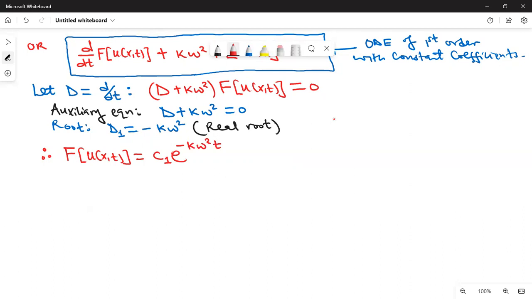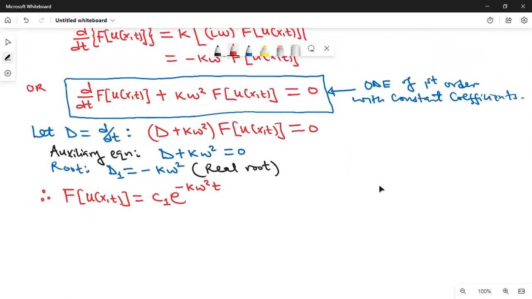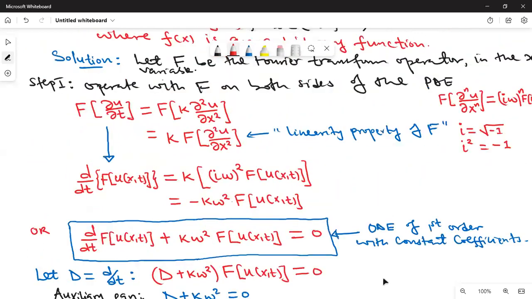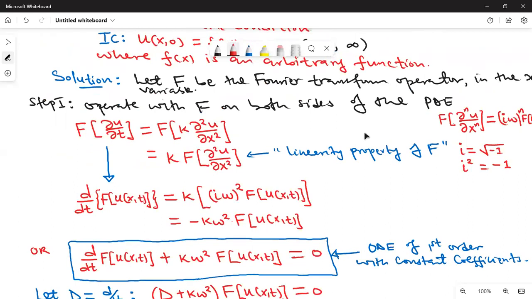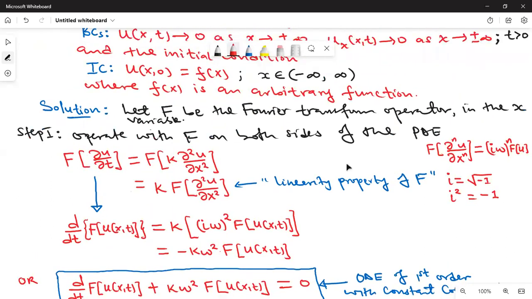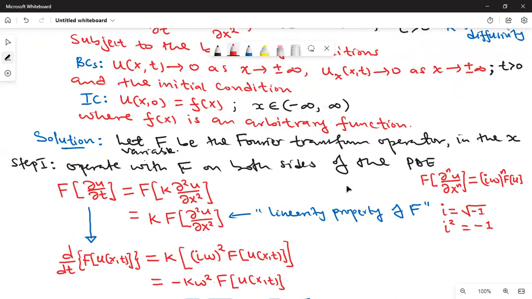Remember, somebody might be asking, what do we do with the boundary conditions? Those boundary conditions are what gave us this formula. When you apply those boundary conditions, you get this formula that we have used in our equation. So already these boundary conditions have been taken care of.